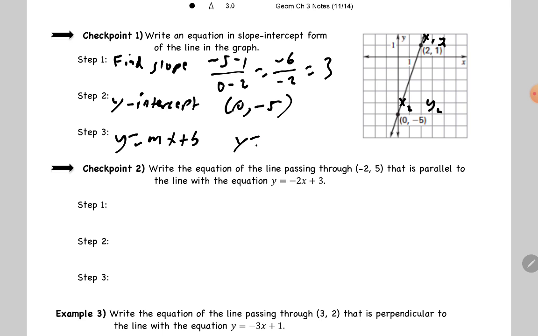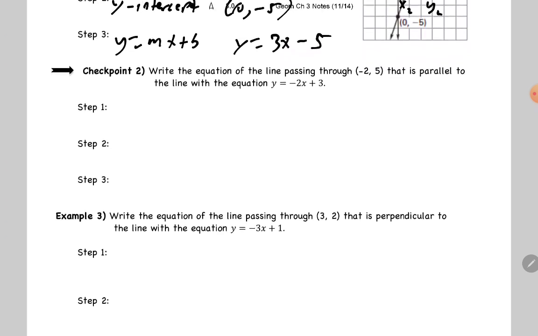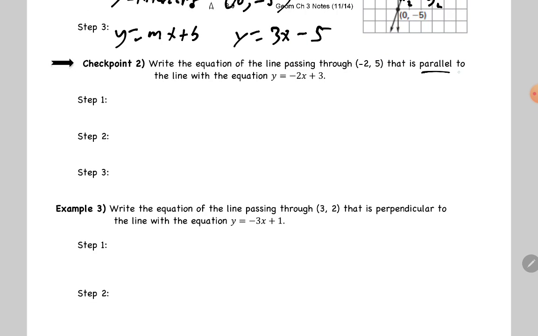Y equals 3x minus 5. Okay, parallel. So find the parallel slope. So in this case, it's negative 2.